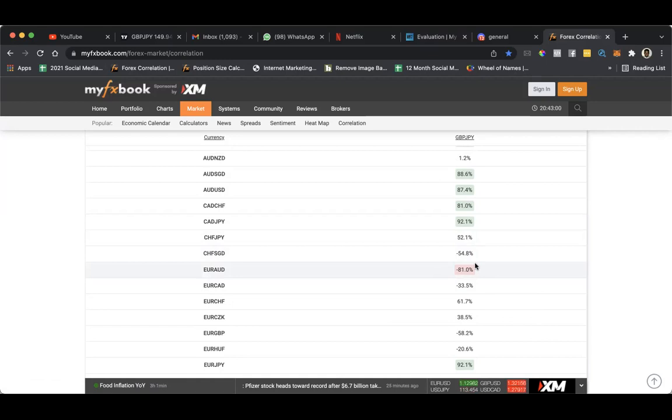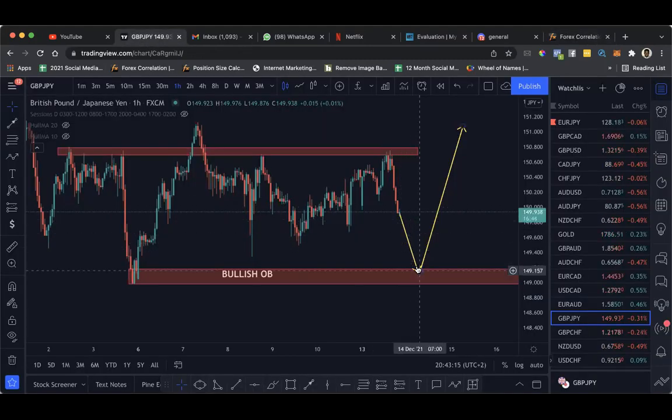How do we know when a particular currency pair has volume? It is correlation. A lot of times market movement happens at the same time on correlated pairs. So you want to ensure that you look for correlation at this zone. When price gets to this zone, you also want to see all the pairs that are correlated.